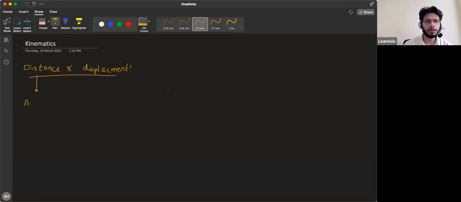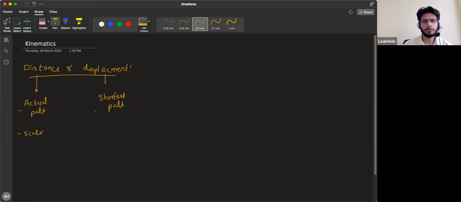Distance is the actual path. Displacement is the shortest path between 2 points. Distance is a scalar quantity. Displacement is a vector, so when you add vectors, you have to use vector laws.